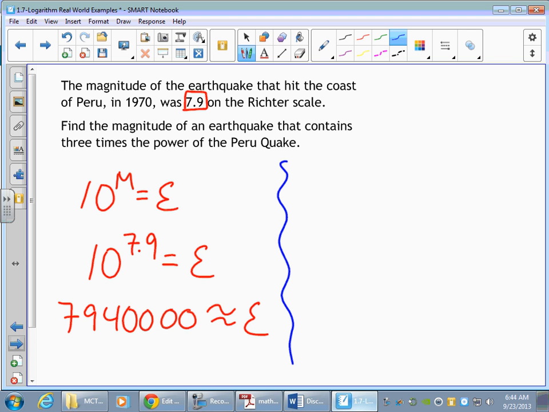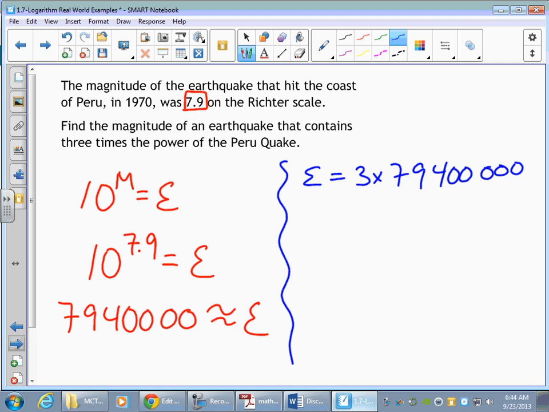I'm looking for a value that's 3 times this now. So I want my new E value to be 3 times this.